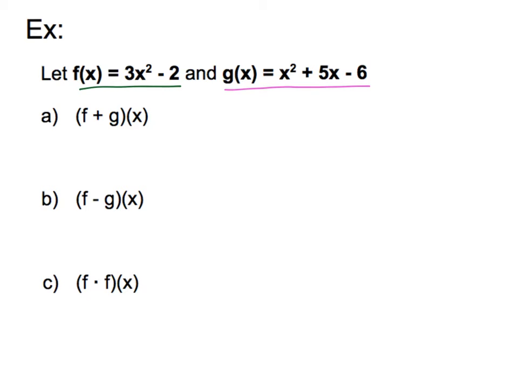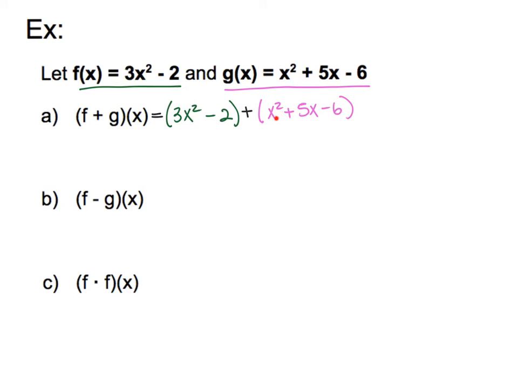So it's saying that I have to add f's equation, so that's 3x squared minus 2. I'm going to take this equation and I'm going to add it to the other equation. And I'm going to put them in parentheses so you can see them separated from each other. So again, this one's function f and this one's function g.